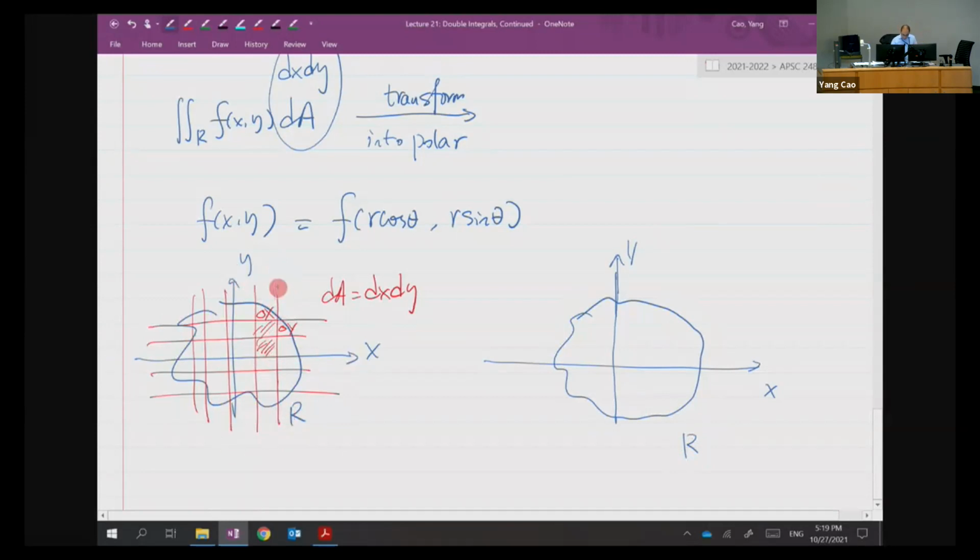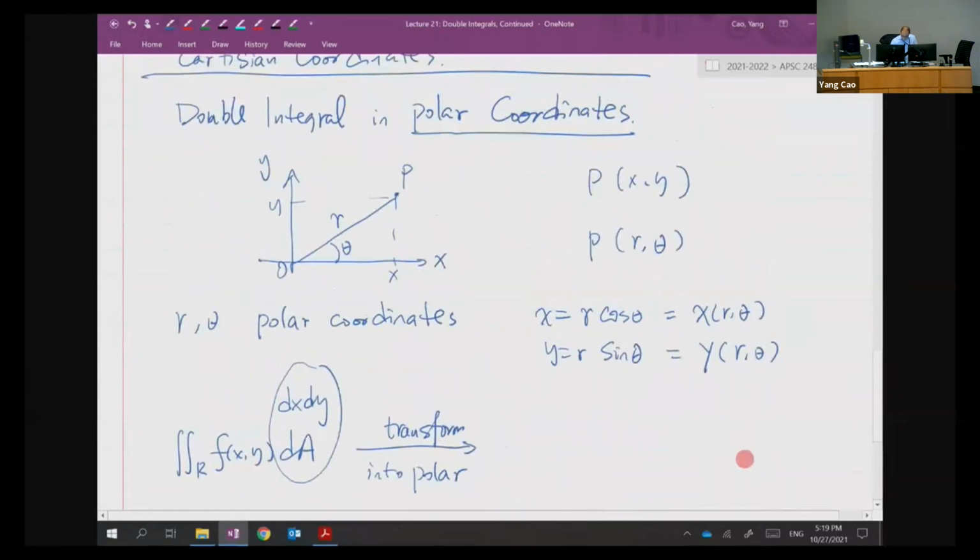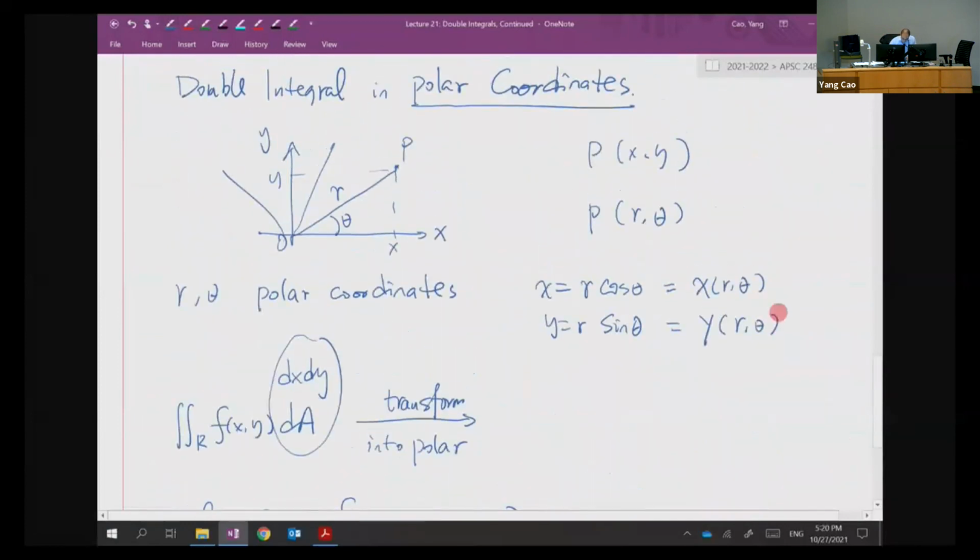So you draw the horizontal lines and you also draw the vertical lines. Now, polar coordinates is what? You have radial lines here. So you have the lines here or here or here, and then you also have angle theta associated with it. So basically how you determine a point P is you draw a radial line over there and then you rotate to the corresponding theta, then you nail down the actual location. So this R right here is basically a whole bunch of radial lines, if you have multiple points.